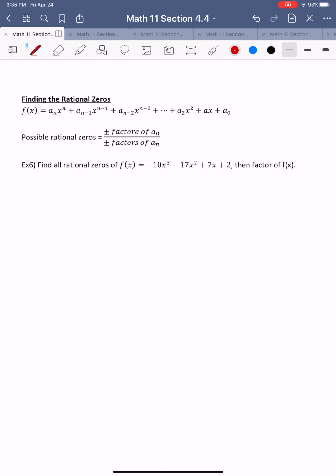So in here, I can say that the possible rational zeros will be plus or minus the factors of a sub 0 over the factors of a sub n.